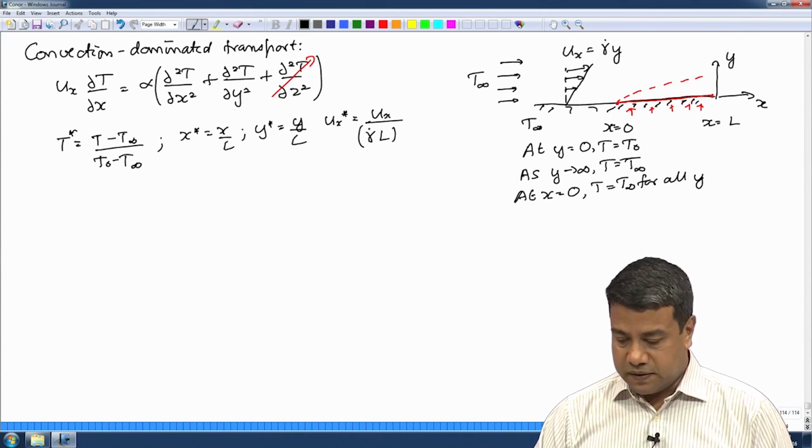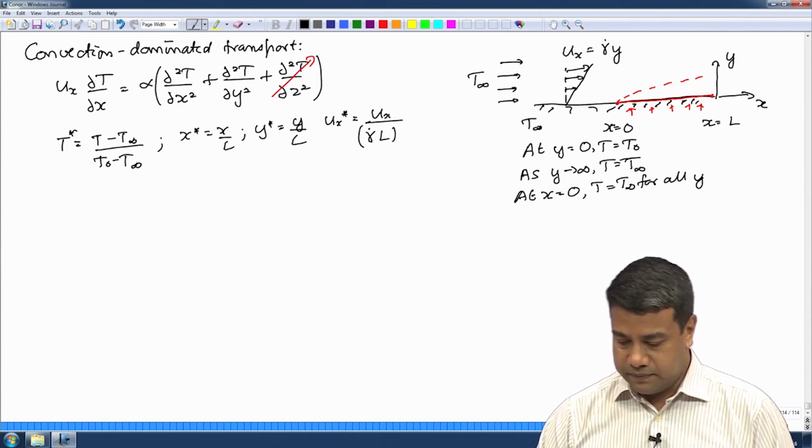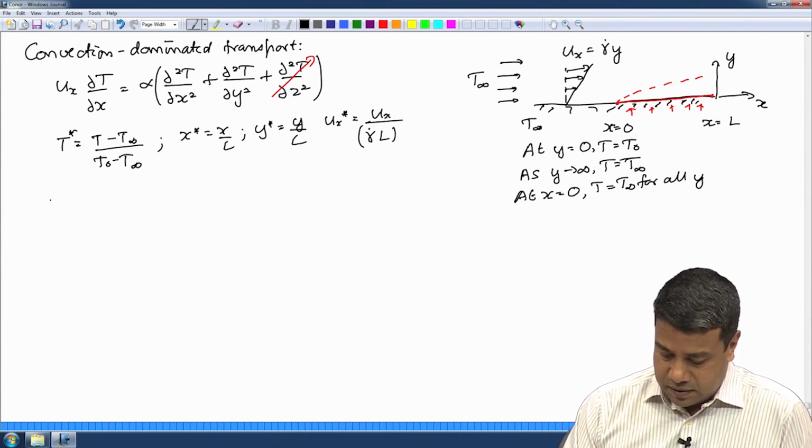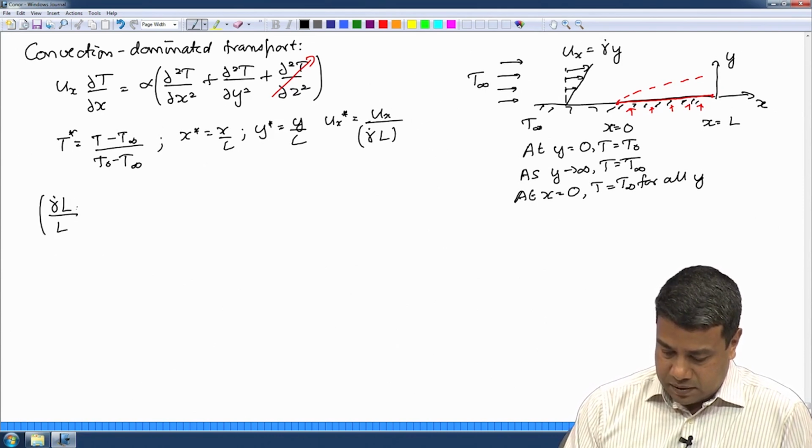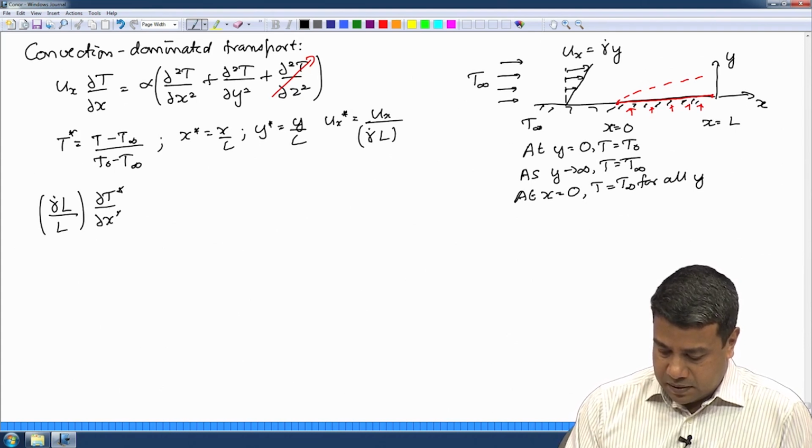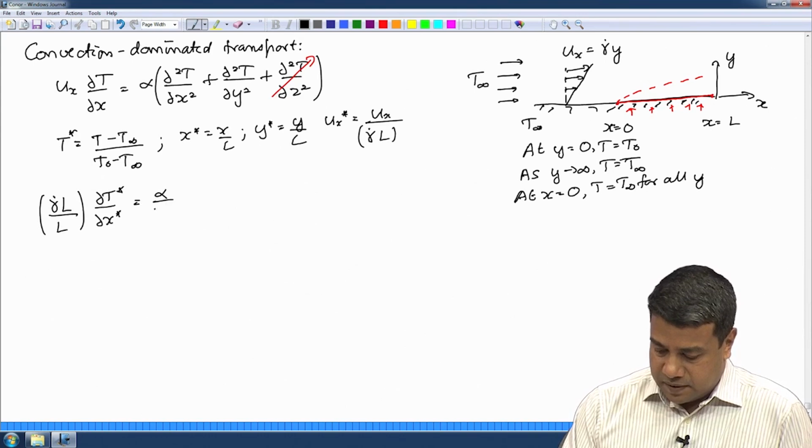Insert that into the conservation equations. So, I will get gamma dot L by L, partial T star by partial x star is equal to alpha by L square.